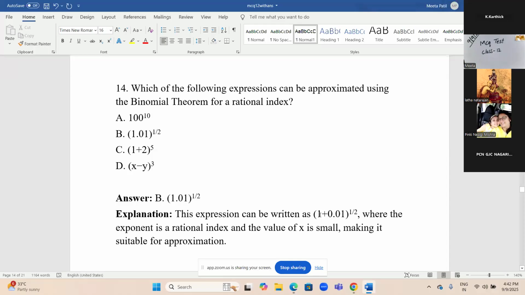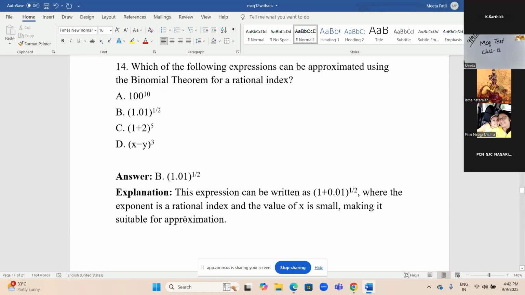How to express this? I am considering the second option, where we write this as 1 plus 0.01 power 1 by 2. That form should be in the form of 1 plus x. That's why the correct option is B, 1.01 power 1 by 2.